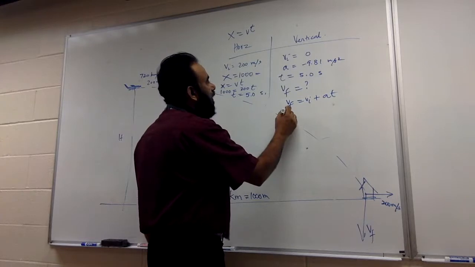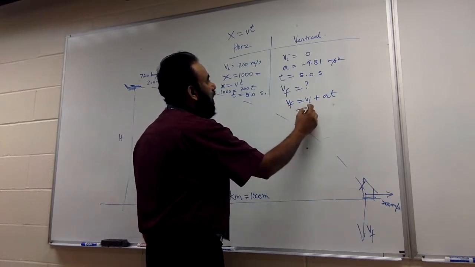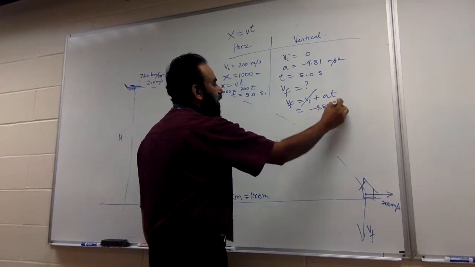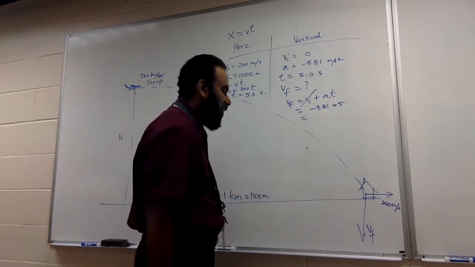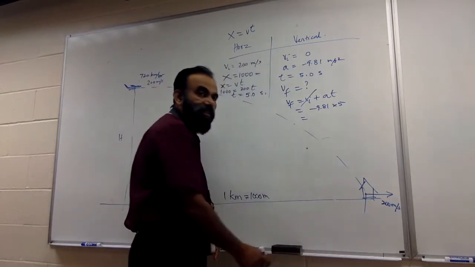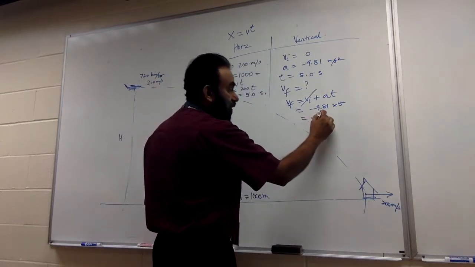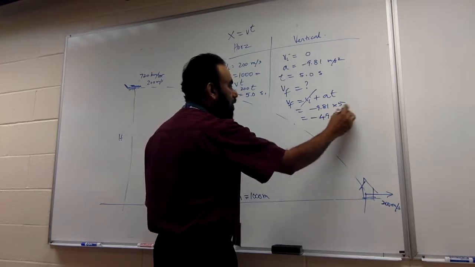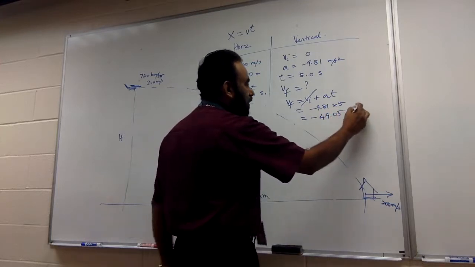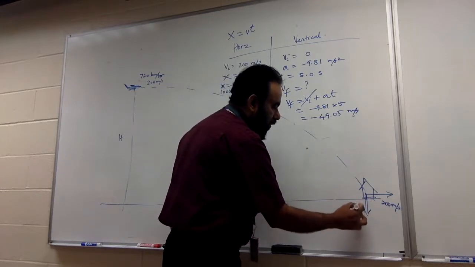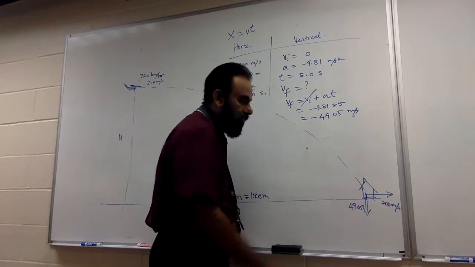And so Vf is equal to Vi, 0, plus at, minus 9.81 times 5. So what is the velocity final? So I'm going to reduce this now. It is negative. Yeah. Okay. So this velocity is 49.05. That is 200.